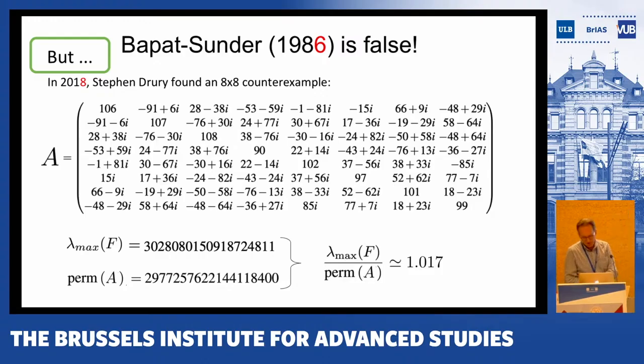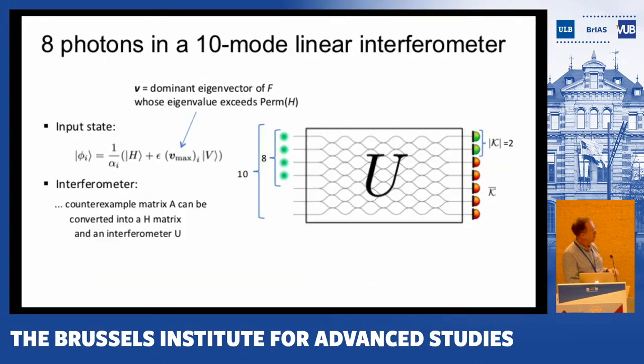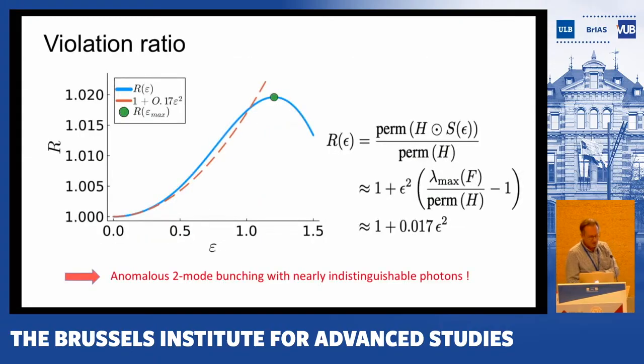And we may, of course, also translate it into something interesting from a quantum optics perspective. This time the scheme is a little more complex, but we can do it, and we actually exploit the eigenvector corresponding to this eigenvalue which is exceeding the permanent of H, the one which is violating the conjecture. I won't spend much time on this. Let me just show you here that indeed we have a violation ratio.